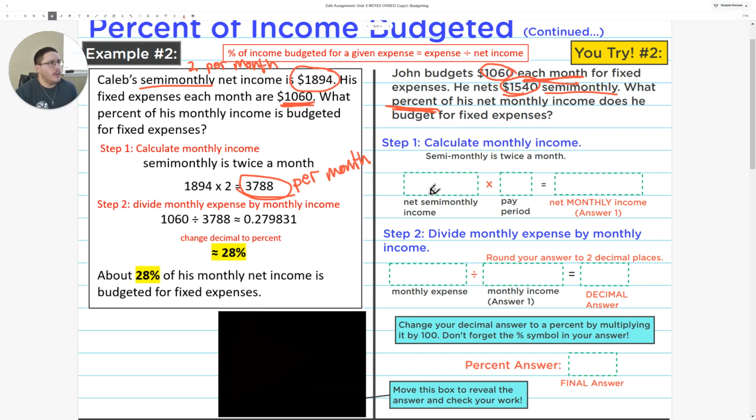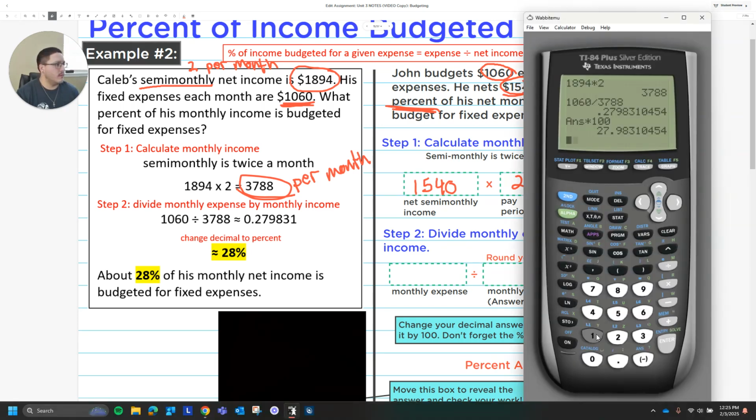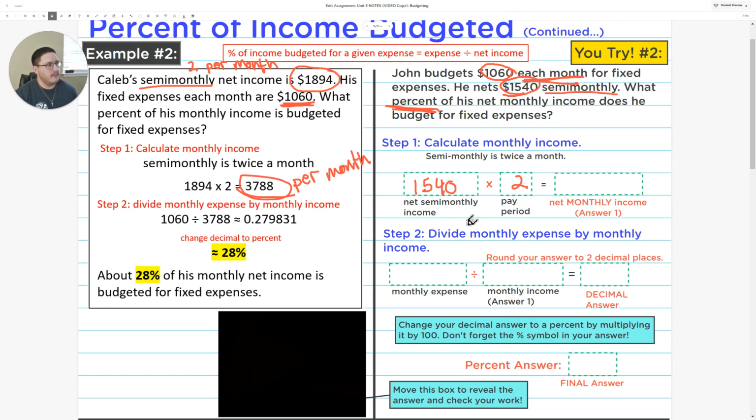So we're going to take $1,540 and then multiply by 2. That should be 3,080. Yep, 3,080. So this is his net monthly income.